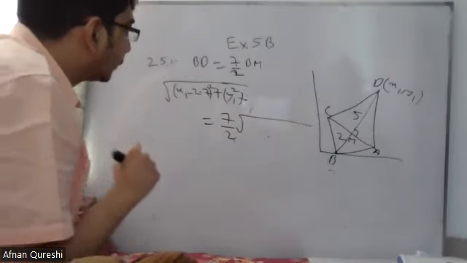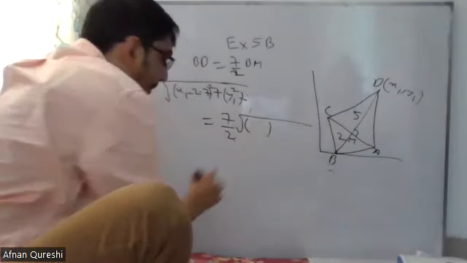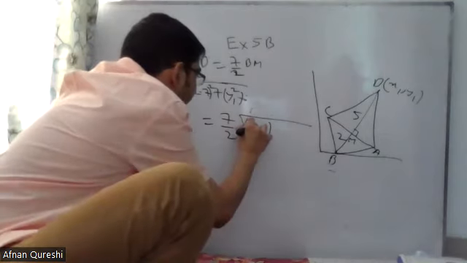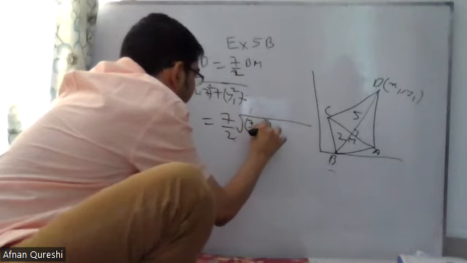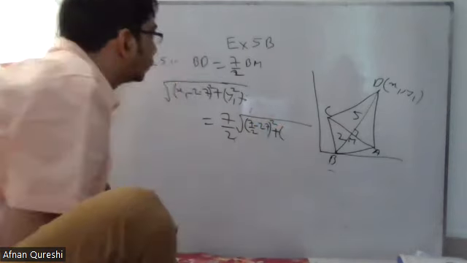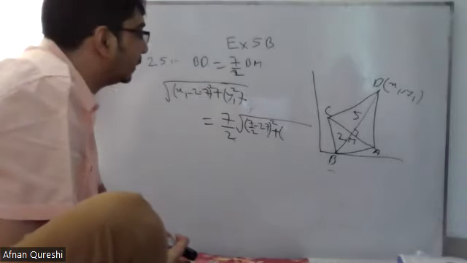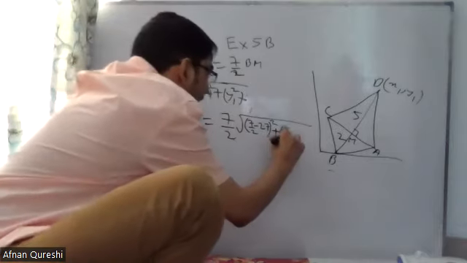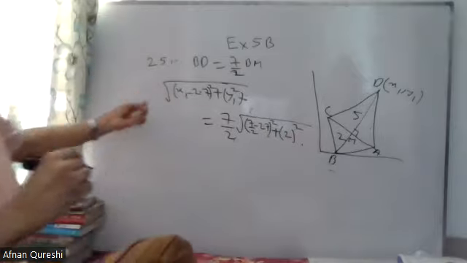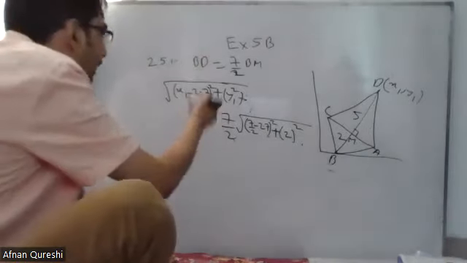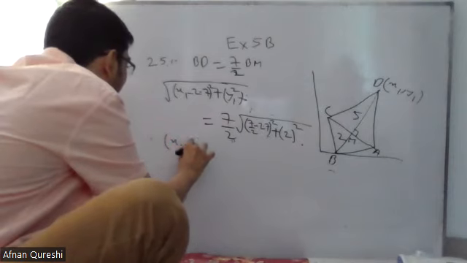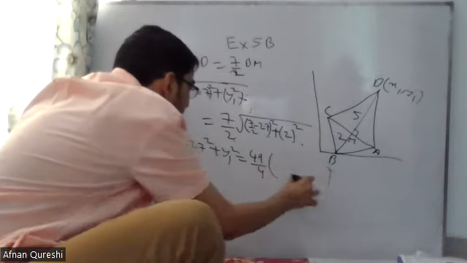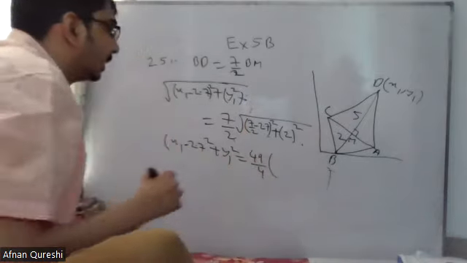BM is going to be, using the coordinates of B and M, root of 7 by 2 minus 2.7 whole square plus 2 minus 0, that is 2 square. Just using the distance formula. Actually, I have to square it. So I get x1 minus 2.7 whole square plus y1 square is equal to 49 by 4.